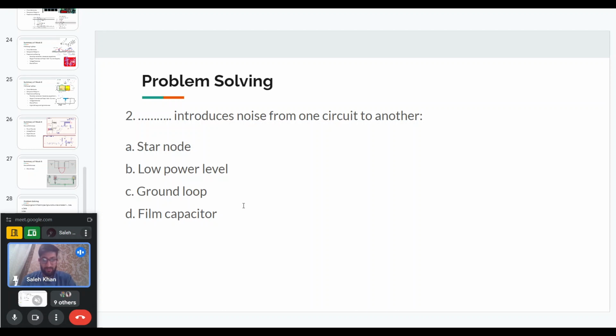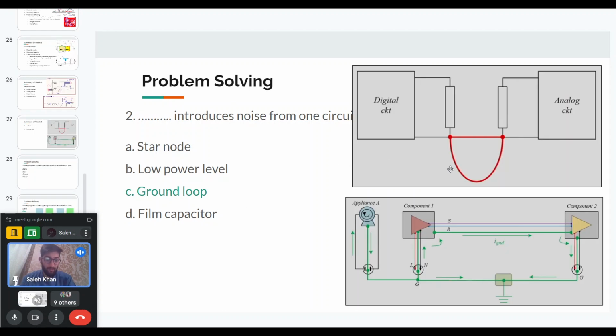Yes, so this we discussed previously, the ground loops that we talked about, they may introduce noise. In the course it was analytically shown how because of the presence of this ground loop, there will be some current that comes from the digital ground circuit to the analog circuit. So that creates interference and noise.